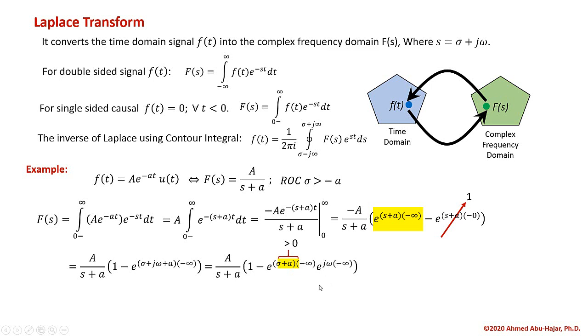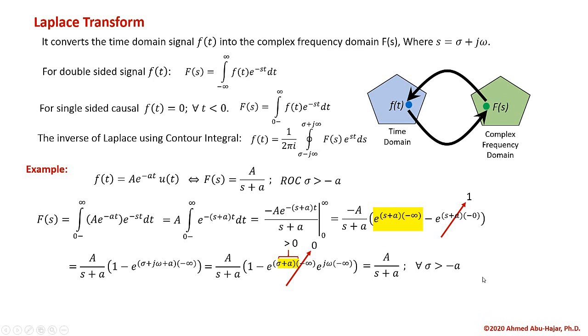Multiplied by anything is going to be 0. So this function will be 0 as long as sigma plus a is greater than 0. So if this is 0, then the function is nothing but A over s plus a, that's what I have here, times 1.